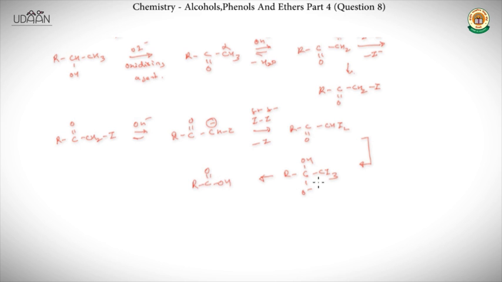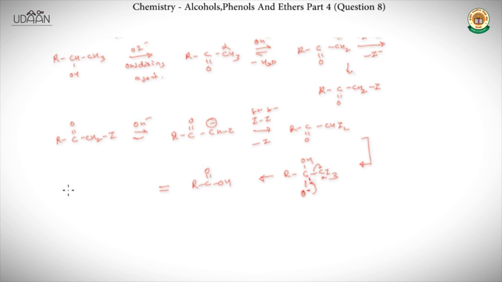If the bond between carbon 1 and 2 breaks, the electrons from this bond go over here, and therefore oxygen donates its electron to form a double bond.